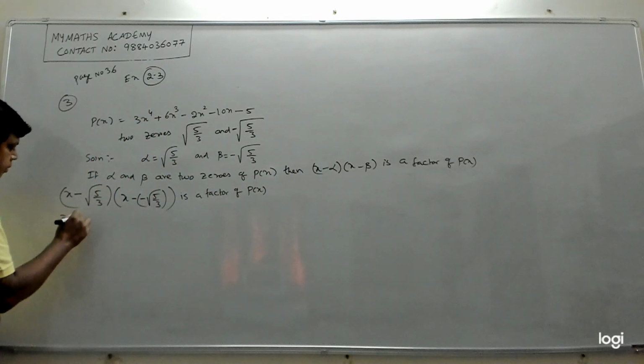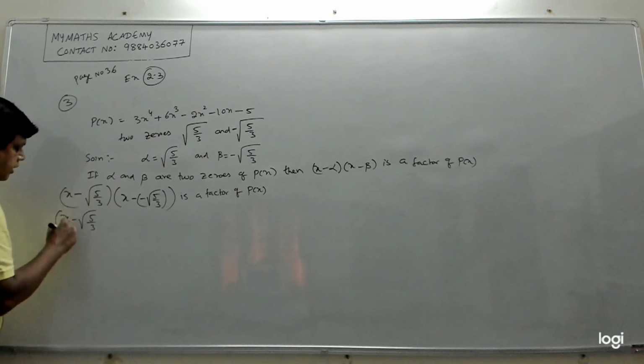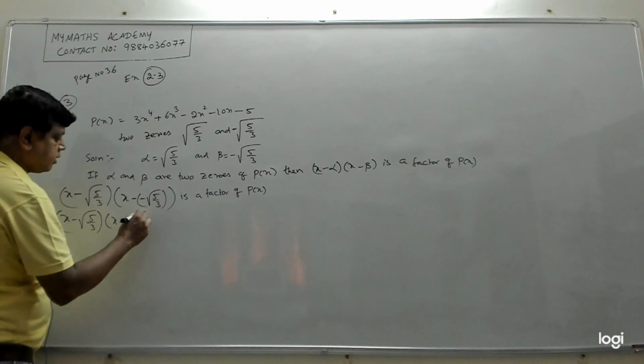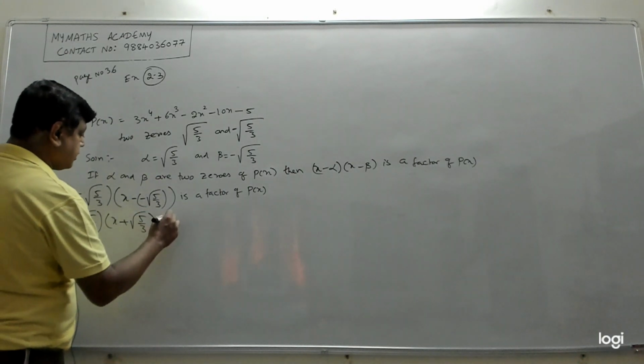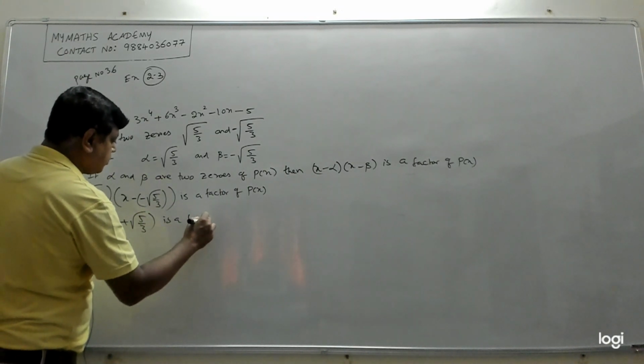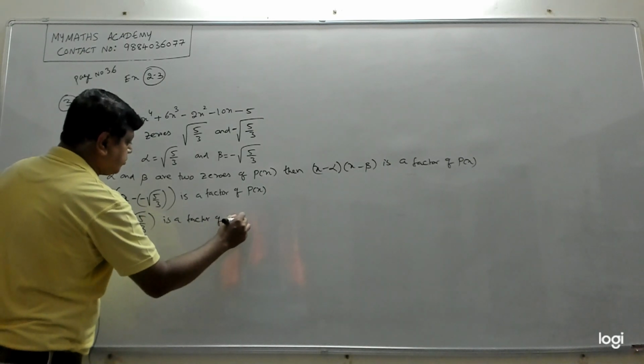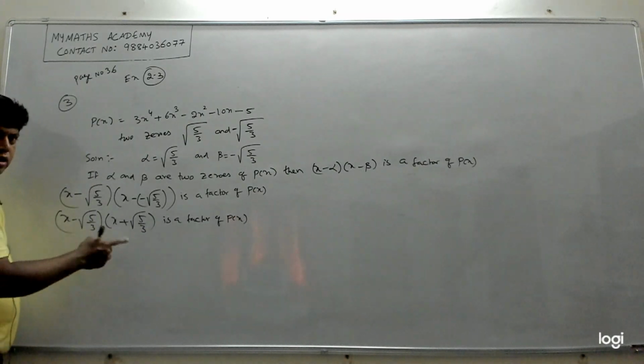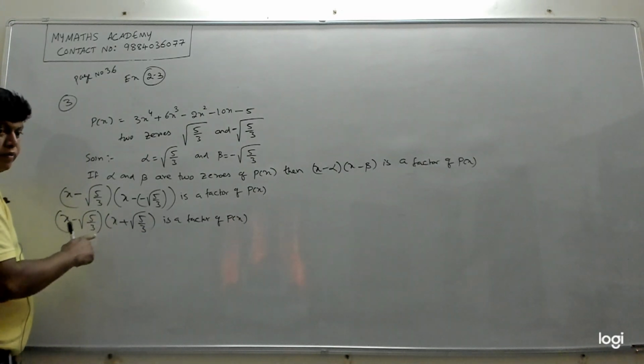Now let's multiply this. Then what do we get? x minus root of 5 by 3 into x plus root of 5 by 3 is a factor of p of x. So we need to multiply. Either you can do normal polynomial multiplication, or we can use an identity.